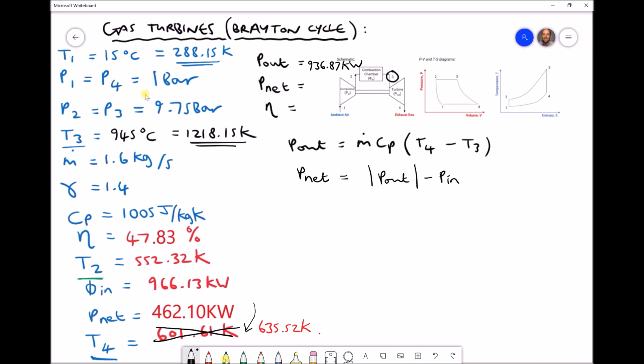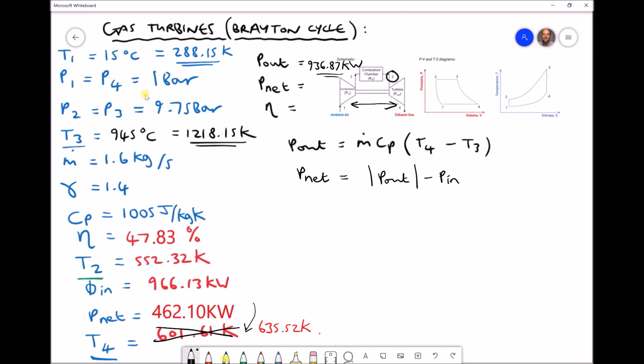Now the reason we're subtracting this P in value is because our turbine and our compressor are on the same shaft. Therefore, any requirements of our compressor are being provided by our turbine before we get that useful energy out. So we said the power output from the turbine was 936.87 kilowatts at the top there, but not all of that power is going to be useful. Some of that is going to be lost in powering our compressor.